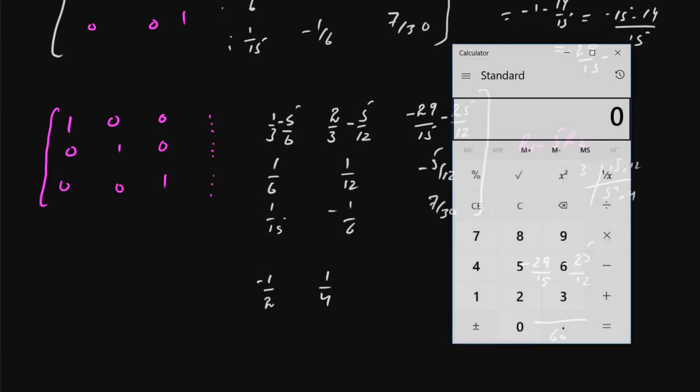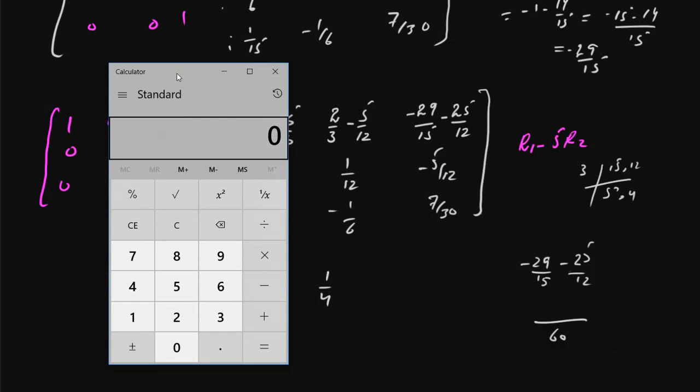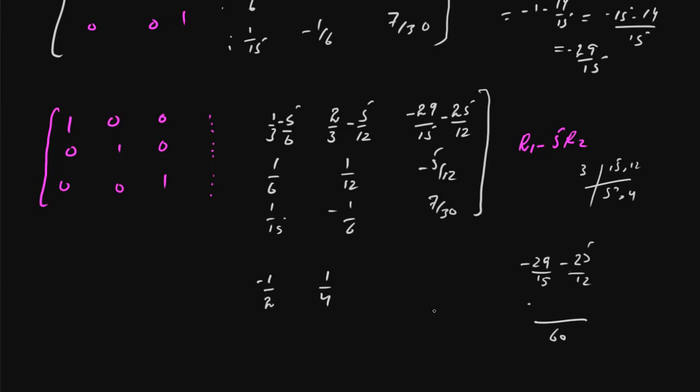We will do minus 60 divided by 15, we will get 4 multiplied by 29, and we will get minus 116.